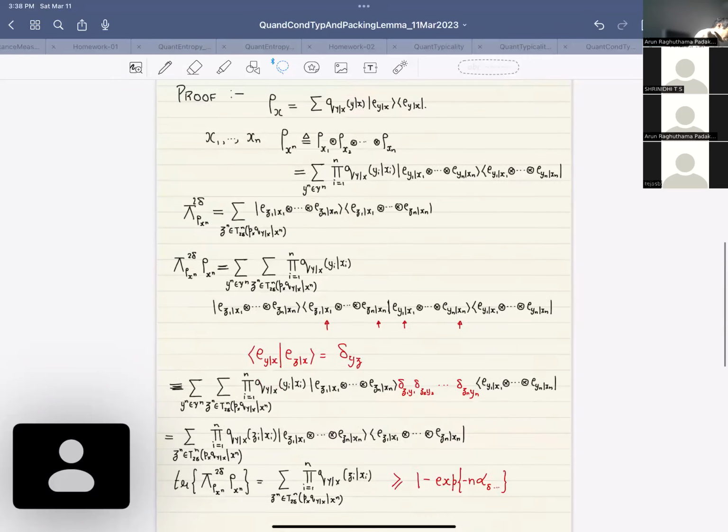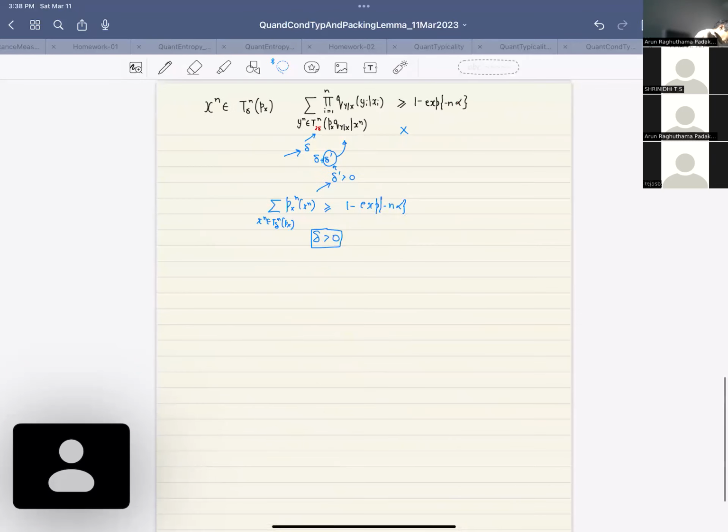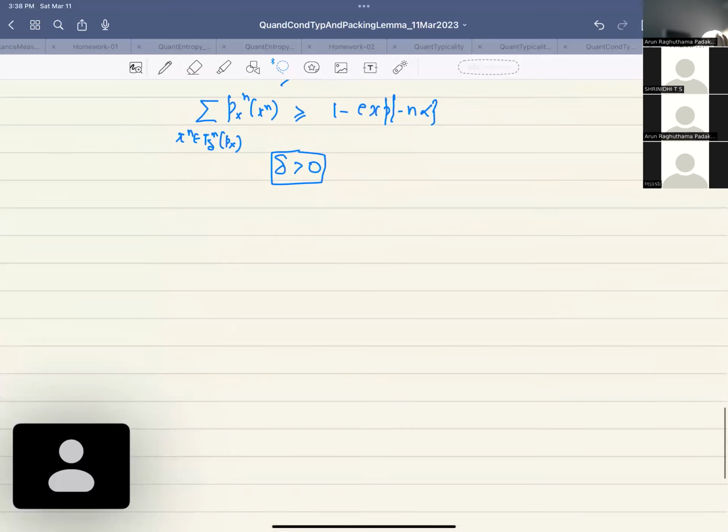Okay, so now I will start to go towards the packing lemma, but I'll do it slightly differently from what he does. Okay, packing lemma. Now I'll motivate what's going on.